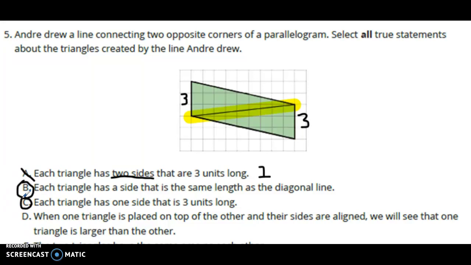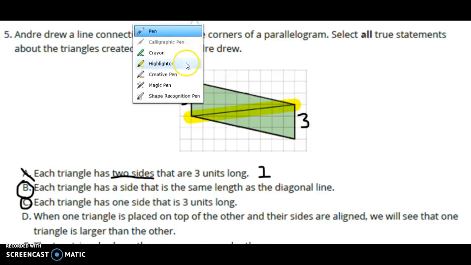D, when one triangle is placed on top of the other and their sides are aligned, we will see that one triangle is larger than the other. Looking at these two triangles, if this is the same length and their base is both 3, what we can do to see if they're exactly the same is we can see if they have the exact same height.